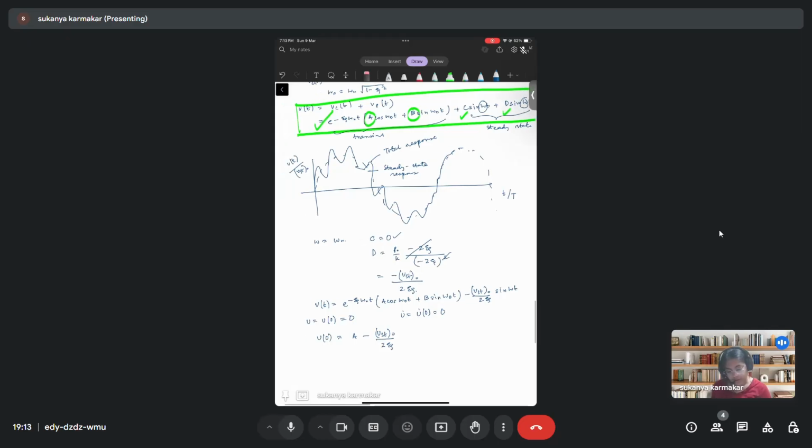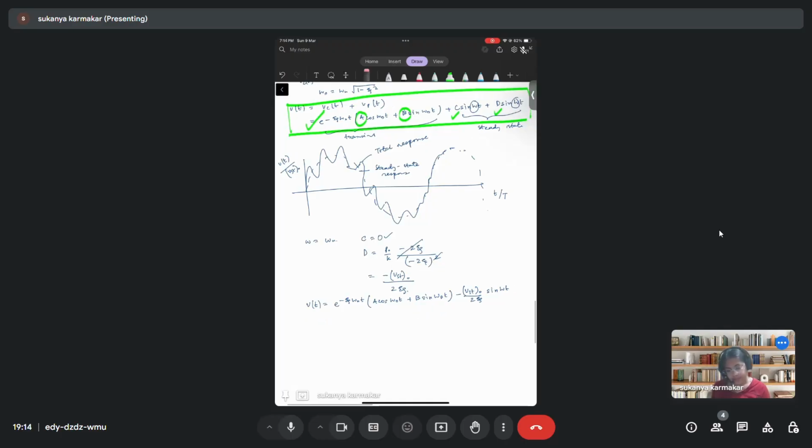Did I do anything wrong? Is this equation fine? I substituted and I found out the value of d. I substituted it here. Now I want to calculate the value of a and b using zero initial conditions.